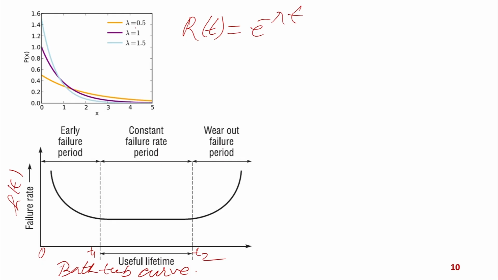From the start of operation up to time T1 the failure rate is decreasing, then it is almost constant, then it is again increasing. This curve is called the bathtub curve, and basically it is used for electronic components or systems.